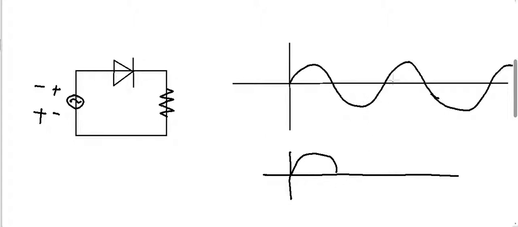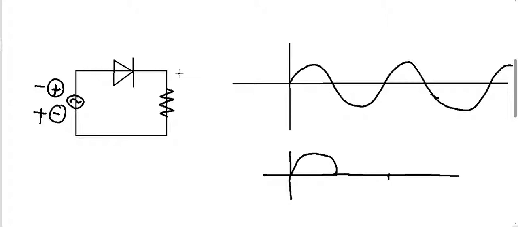During this stage the current passed will be almost 0, and again when the polarity is reversed, this becomes positive and this becomes negative, it becomes forward biased because the positive terminal is connected to the positive side, and again it allows current to go.